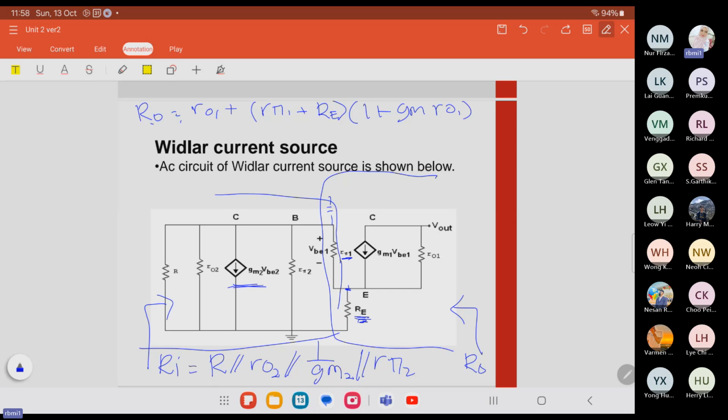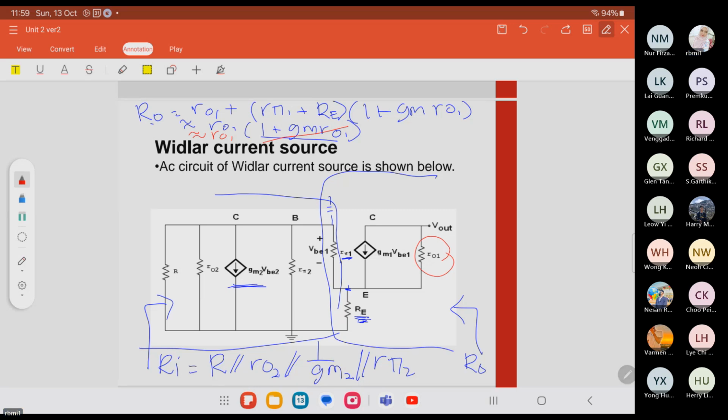This is approximated with RO1 times 1 plus gm RO1, because the 1 is approximate to unity. So this is approximately RO1, for this one only, because sometimes the value of RE is a large number.